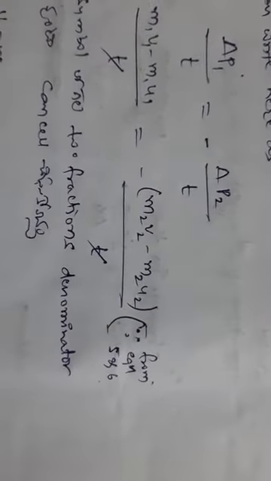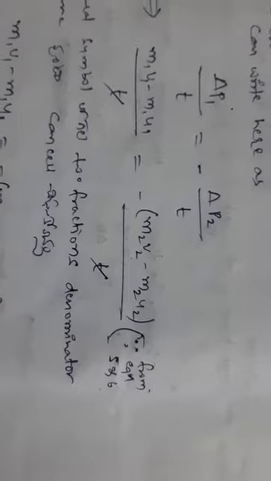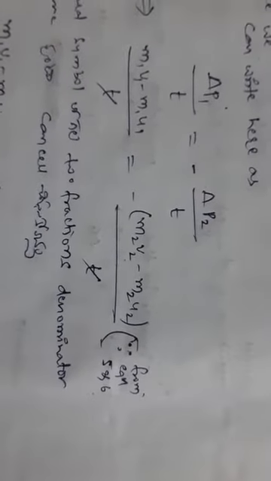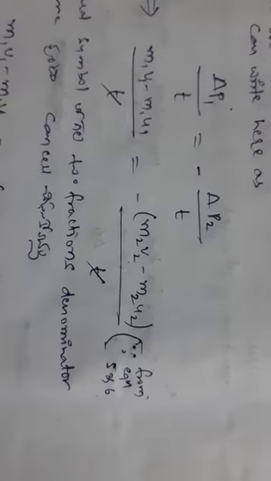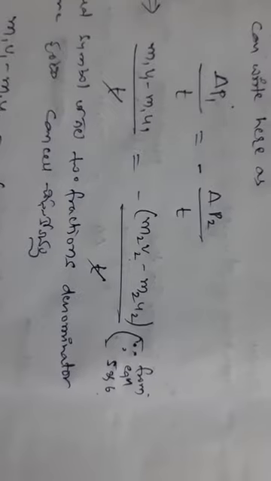Here you may have a doubt: how did madam write delta p1 is equal to m1 v1 minus m1 u1, and delta p2 is equal to m2 v2 minus m2 u2? How is it possible? Just see equations number 5 and 6, then you can understand very easily.